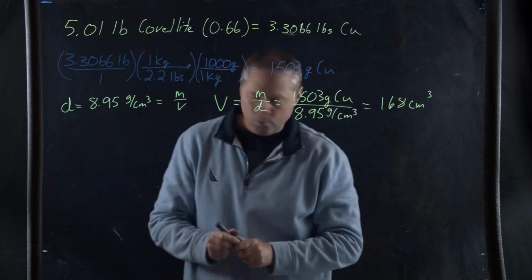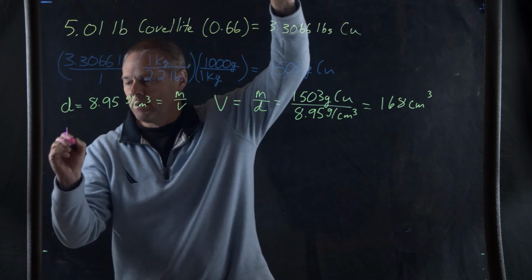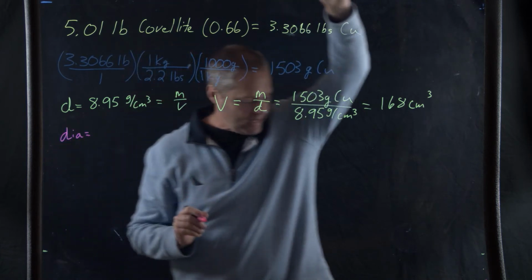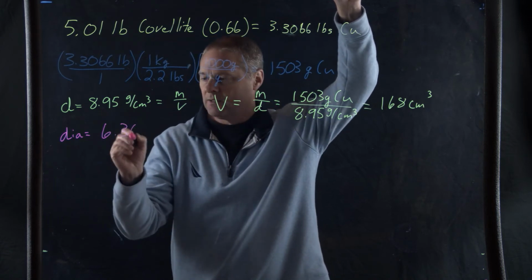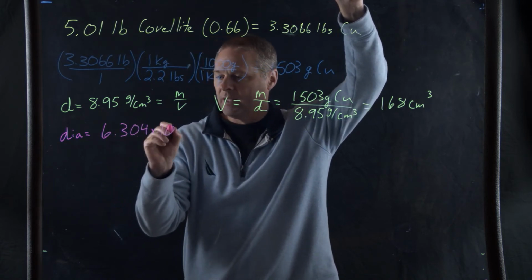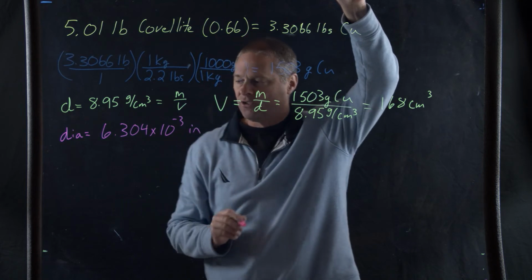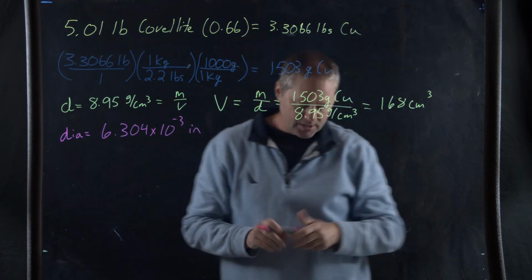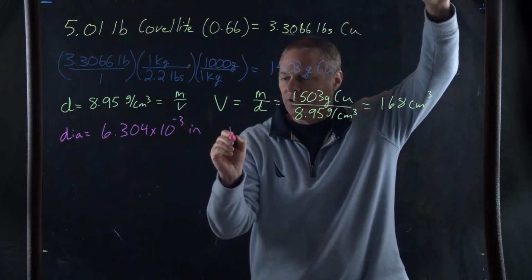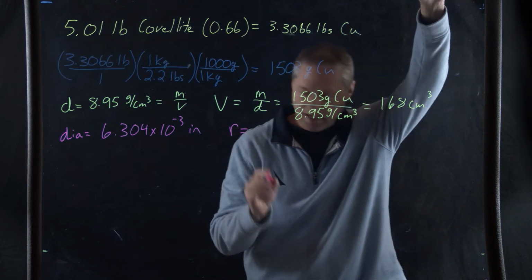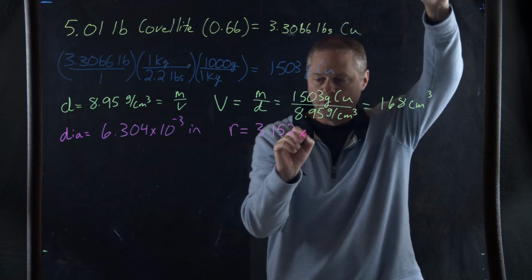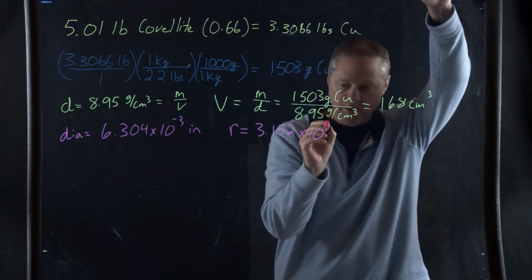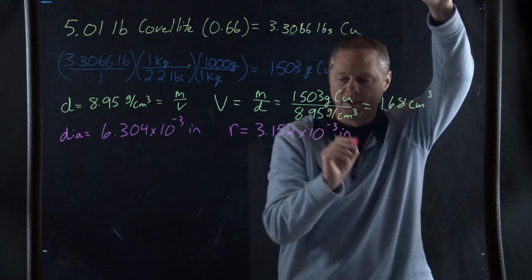Now, we're given in the problem that the diameter is equal to 6.304 times 10 to the minus 3 of an inch. That tells us that if we divide this by 2, we find out that the radius is going to be 3.152 times 10 to the negative 3 inches.